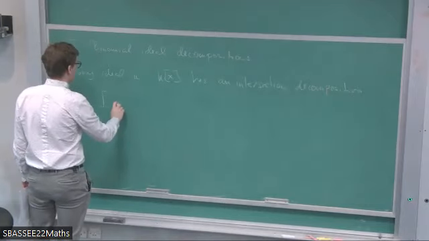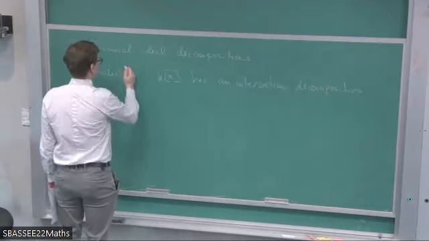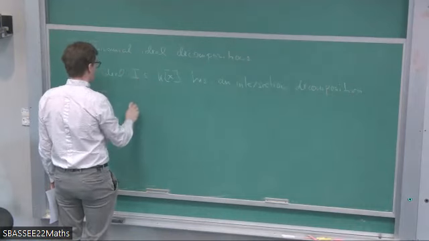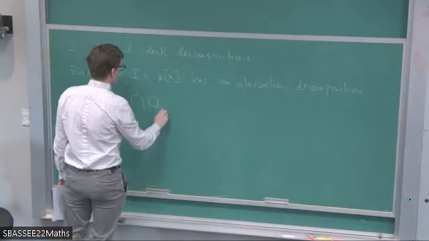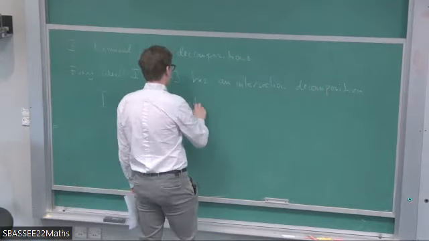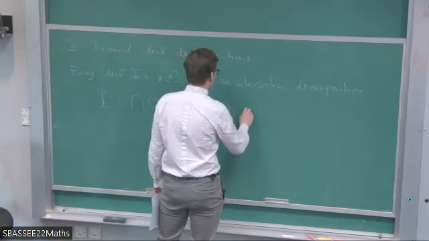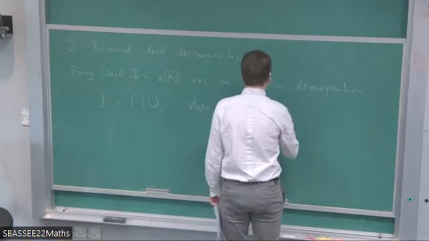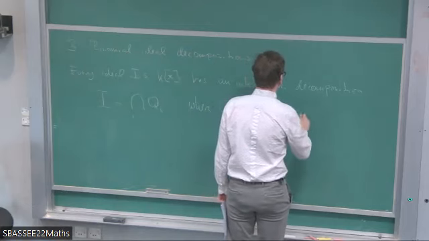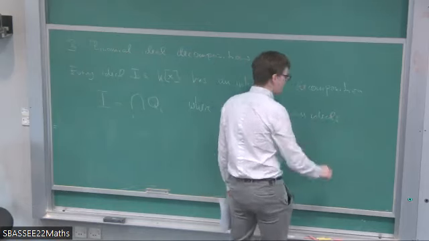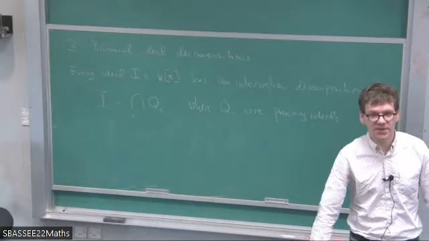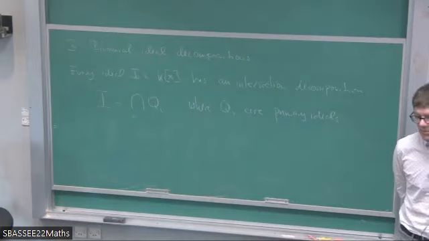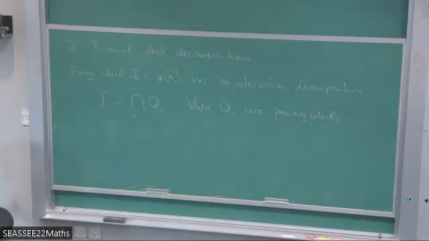Each ideal I is equal to an intersection of Qi, where Qi are primary ideals. So this is a very nice story in commutative algebra. It generalizes the factorization of numbers into prime numbers, which we all love and learn about when we learn about numbers first.